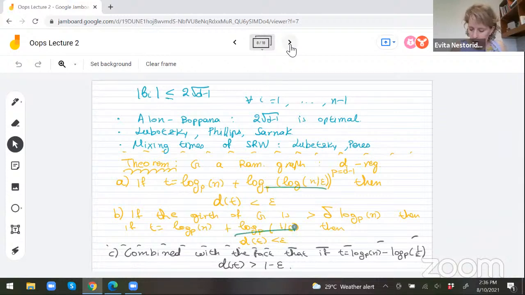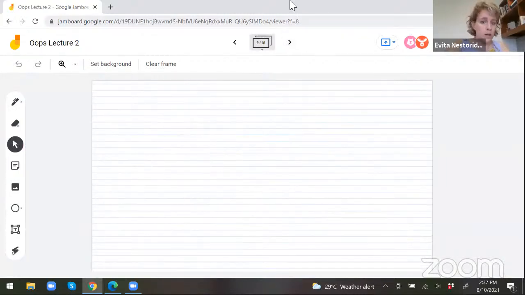And then we have a smaller order window that tells us how much we need to walk for. And this theorem describes what we call the cutoff phenomenon. So I want to tell you a little bit about the cutoff phenomenon before proceeding to how one proves this theorem.